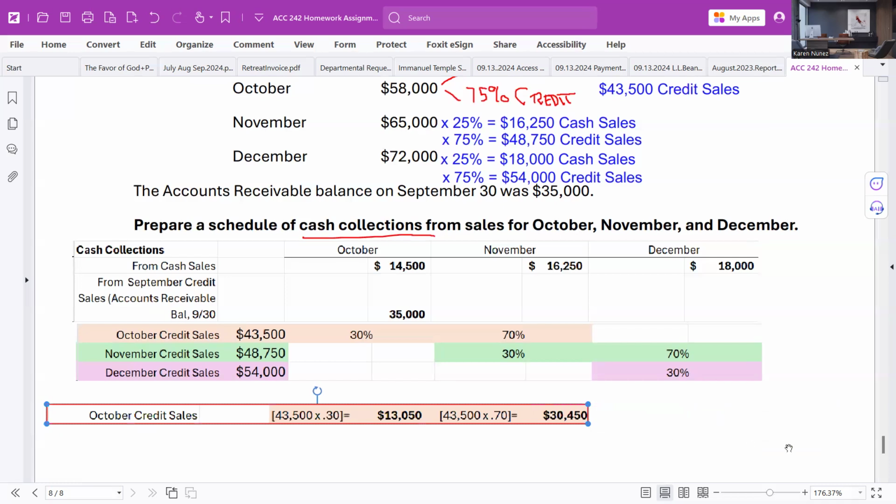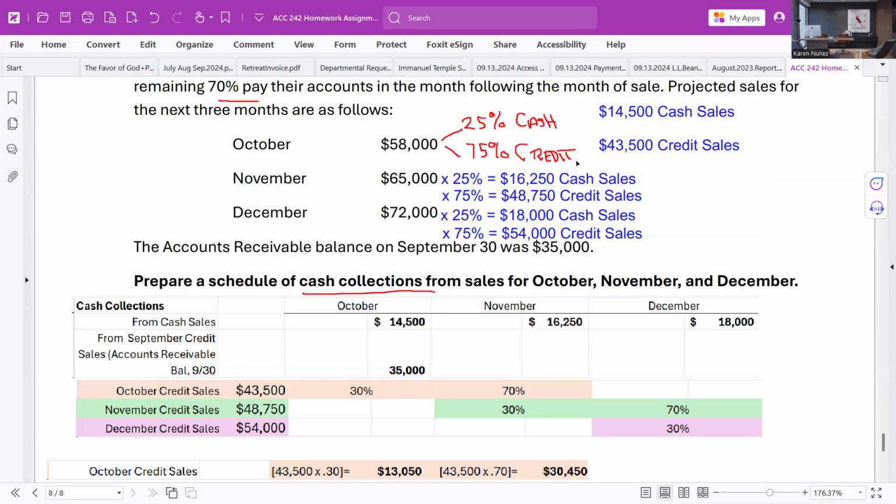There we are. Okay. So in the month of October, we are going to be collecting on 30% of the 43,500. 30% of 43,500 is 13,050. So in the month of October, we got some cash sales, 14,500 in cash sales. And we're still going to be collecting on some of those sales from September, so we've got that accounts receivable balance there.